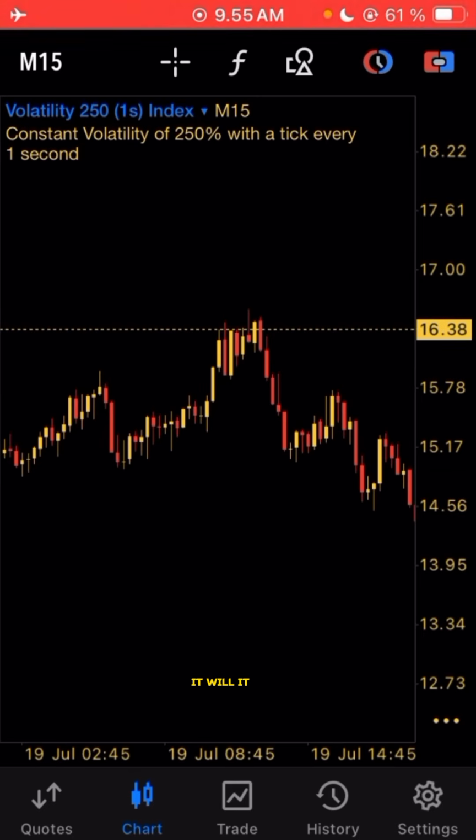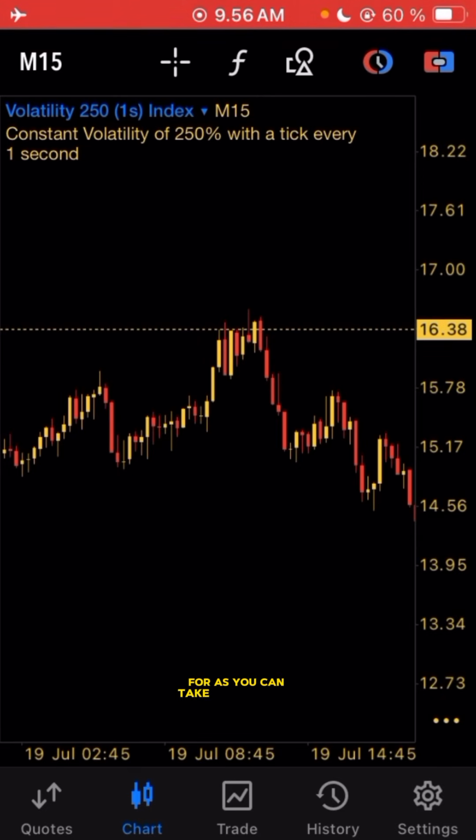It will attack your full brain. If you take a trade, you can be in profit, but you can blow your account even before you are in profit. So you need to be very precise when you take a trade. That's why for synthetic indices, I wait for a long time before I take a trade compared to forex trading.